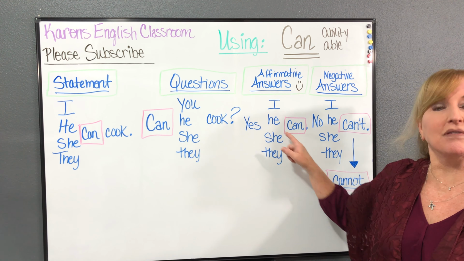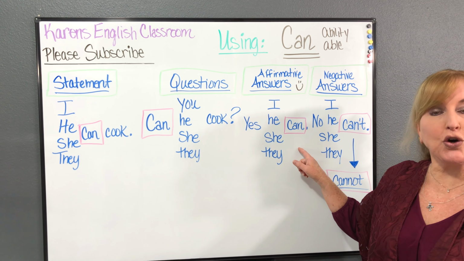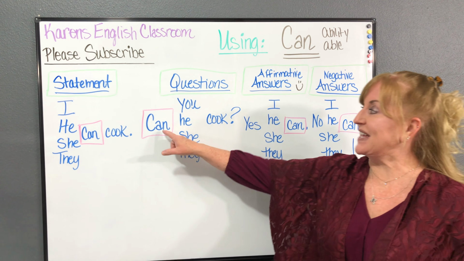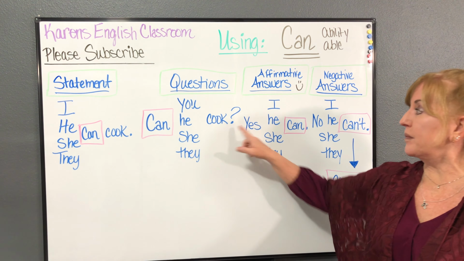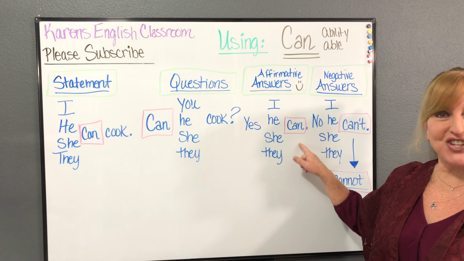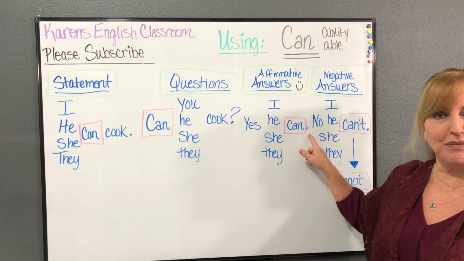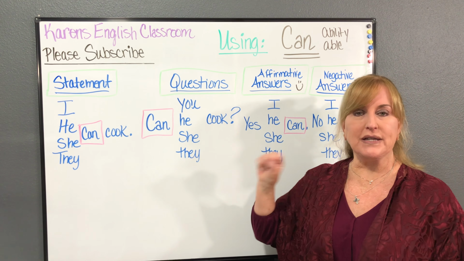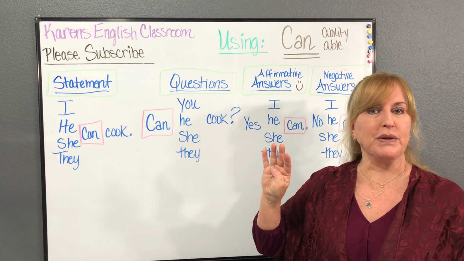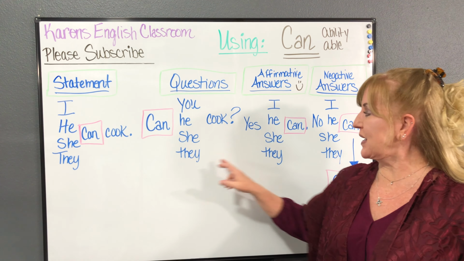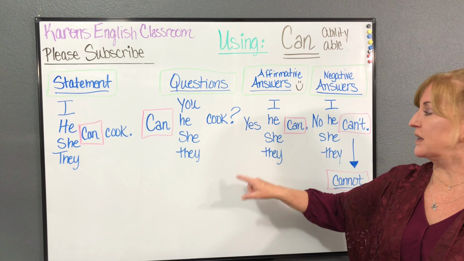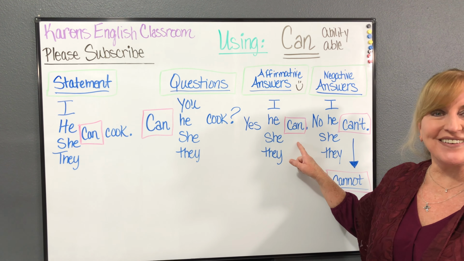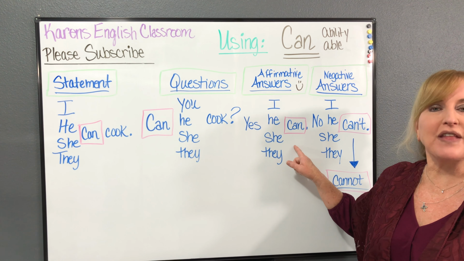Yes, he can. He can cook. Can she cook? Yes, she can. So yes, she's able, she has the ability. Can they cook? So 2 people, 3 people, 4 people, 5 people. Can they cook? Yes, they can. They're able to cook. They have the ability.